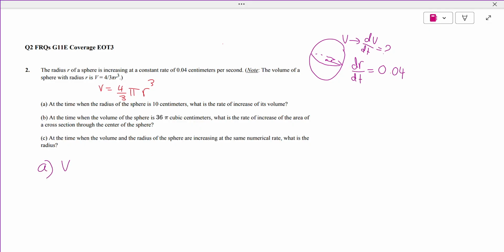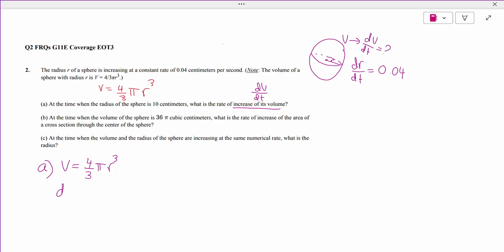let's start by writing the volume. The volume is 4/3 pi r cubed. It says, what is the rate of increase of its volume? Find dv over dt. So let's differentiate both sides with respect to time.